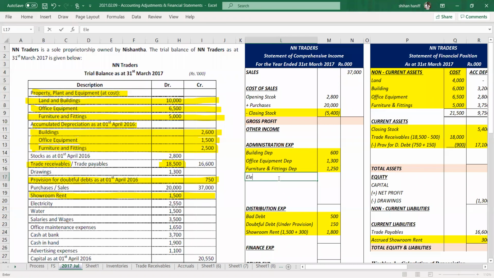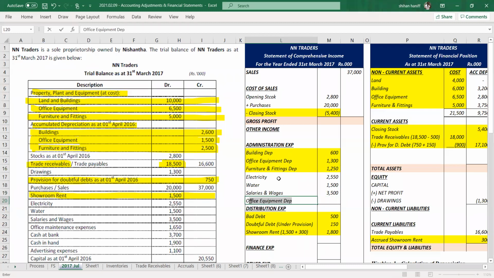Electricity 2,550. Administration expense. Water administration expense 1,500. Salaries and wages 3,500. Administration.